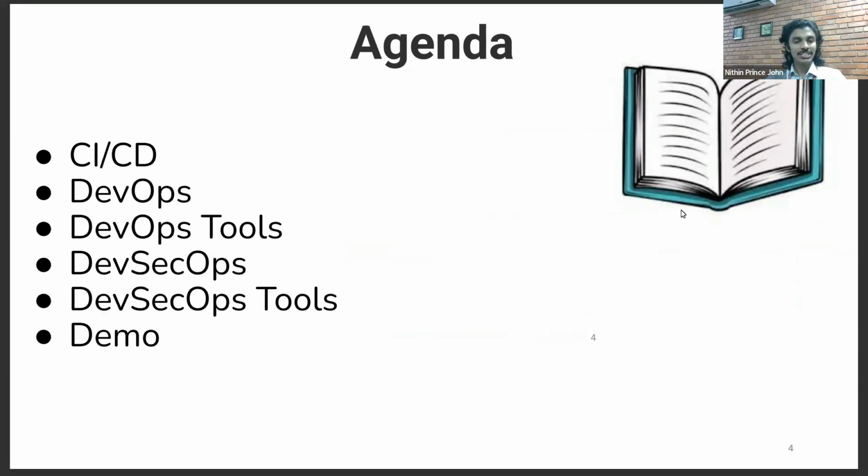So in this session, I am planning to start with what is CI/CD. Then we will go through the DevOps concepts and the various tools used in DevOps, followed by our main topic, that is DevSecOps and its various tools. And finally, we will have a small demonstration of how we can utilize various DevSecOps tools in our pipelines.